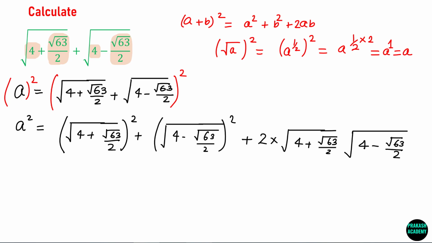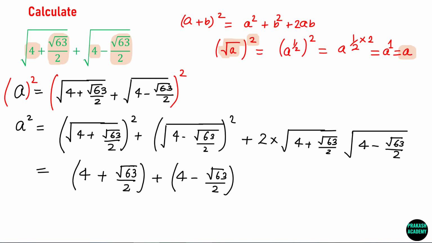This is simply A. This means if we have a square of something root, then simply the number you have will be the final answer. So in this case, you will have here (4 plus root 63) by 2, and this term will be (4 minus root 63) by 2, and this will be 2 times.